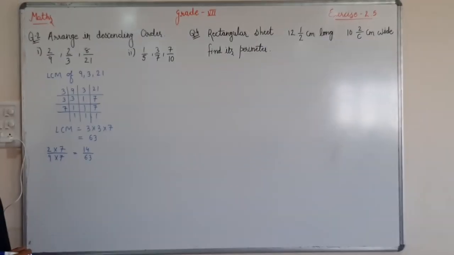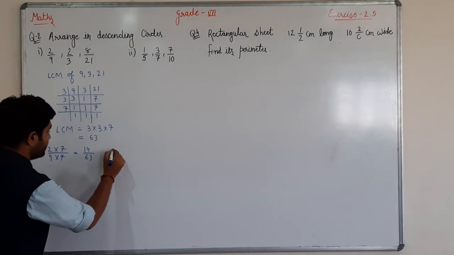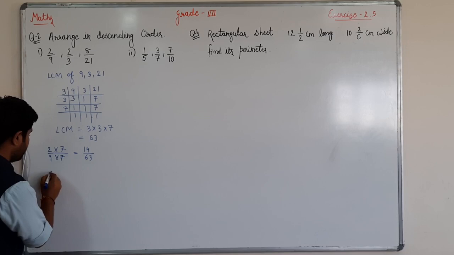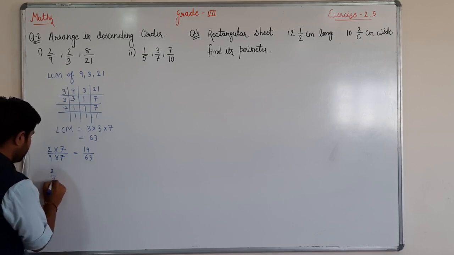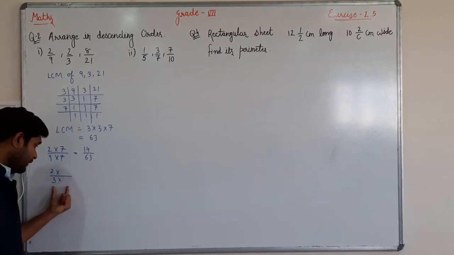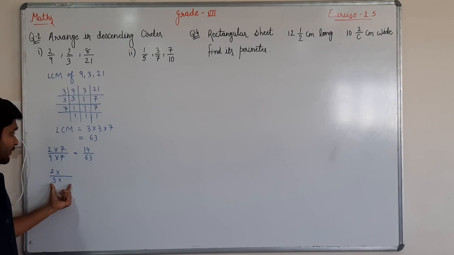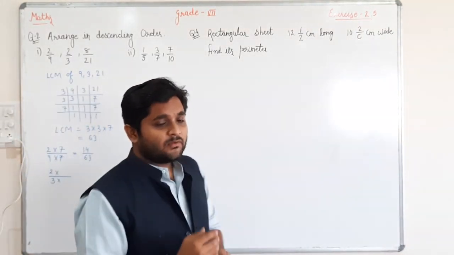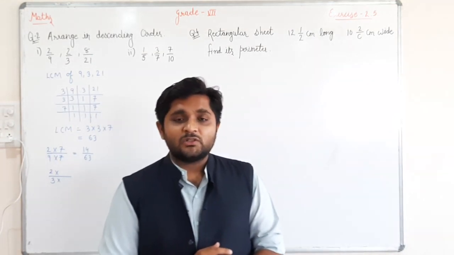Now next, 2 by 3. Now 3 is there. Here we want 63. We don't know by which number we multiply 3 to get 63. So what we have to do?